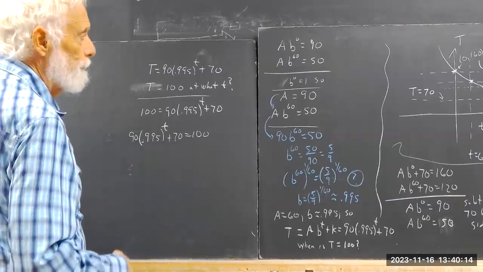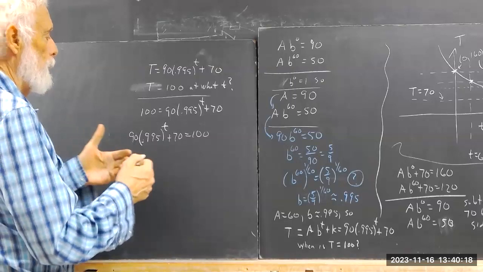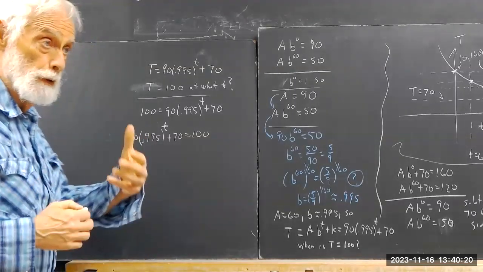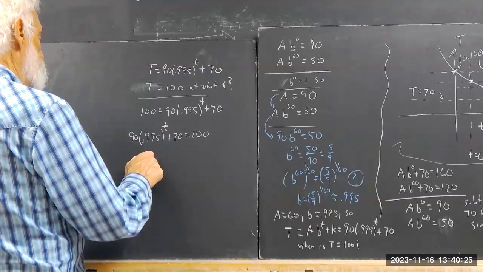And we want to get the b to the a equals c form, so we can convert it to logarithmic form. We subtract 70 from both sides.